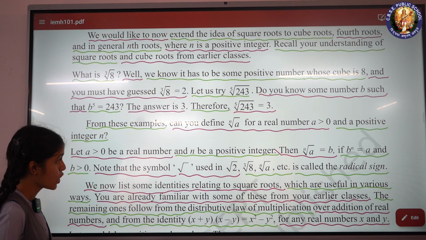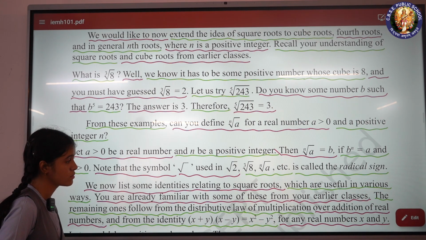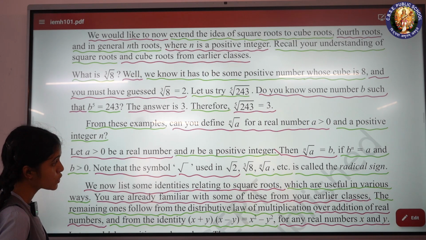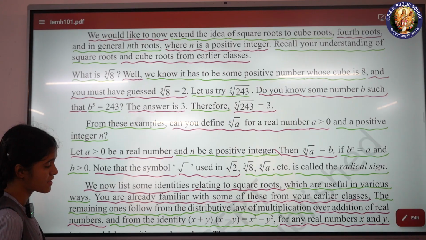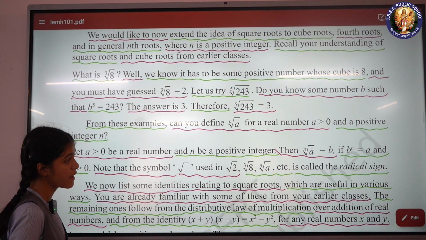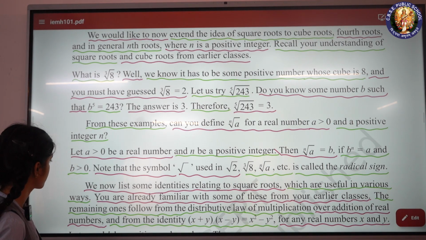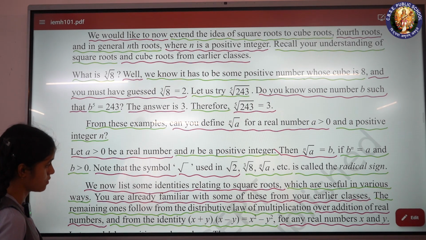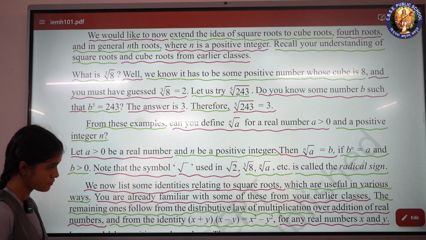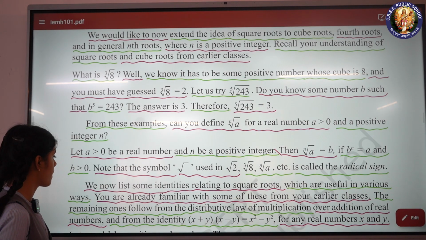Note that the symbol root used in root 2, cube root 8, nth root a, etc. is called the radical sign. We now list some identities relating to square roots, which are useful in various ways.